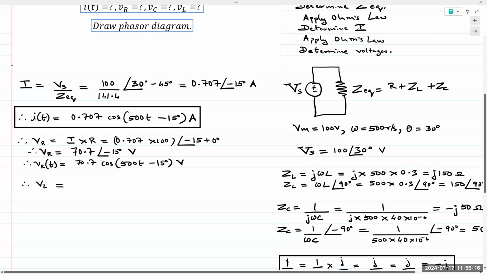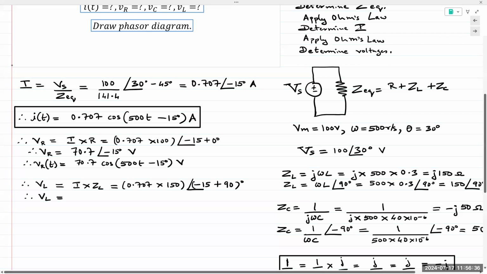VL similarly would be I times ZL. So 0.707 times the magnitude of ZL, which is 150, phase angle minus 15 plus 90 degrees.